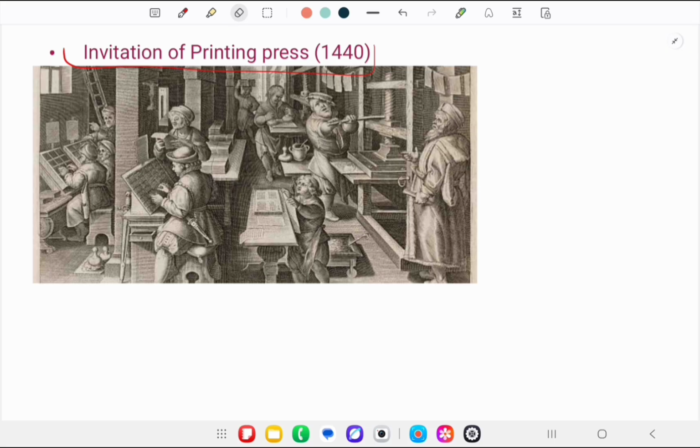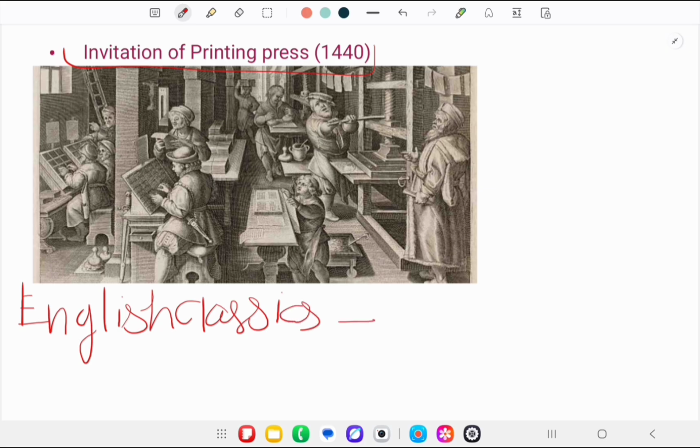With the printing press, mass production of books became possible, leading to greater availability of literature, including vernacular works such as that of Geoffrey Chaucer and the printed editions of English classics by William Caxton.